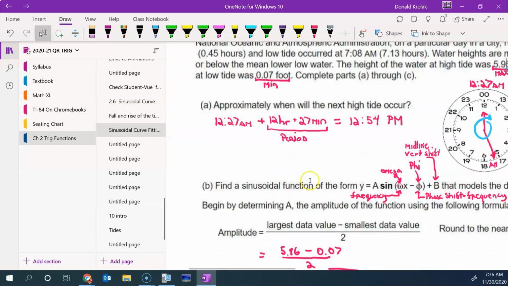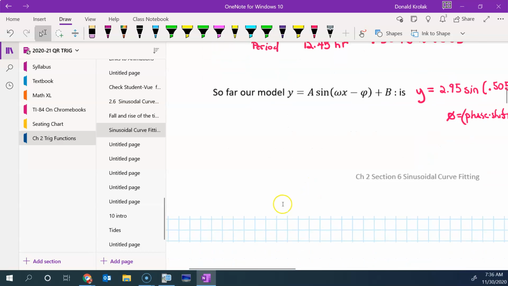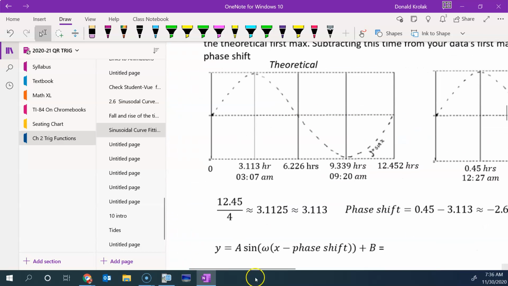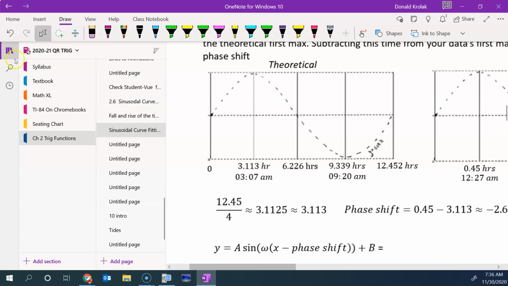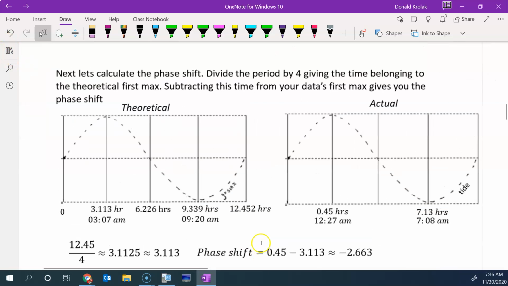All right, back to where we were. Okay. So we got to figure out our phase shift. So here's how we did it on all the other ones. We took the period and we divided it by 4, giving the time belonging to the theoretical first max.